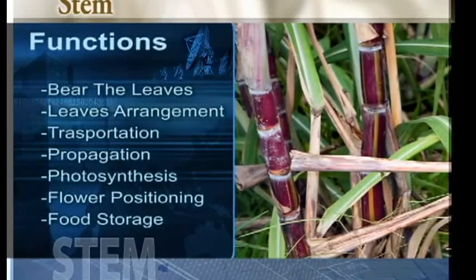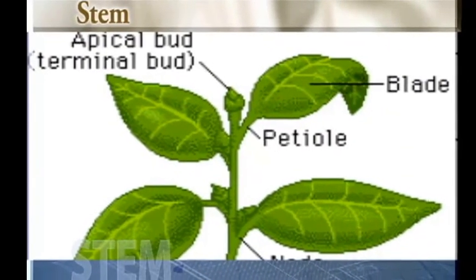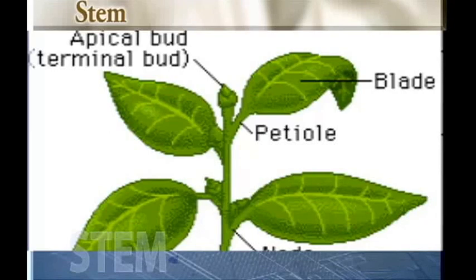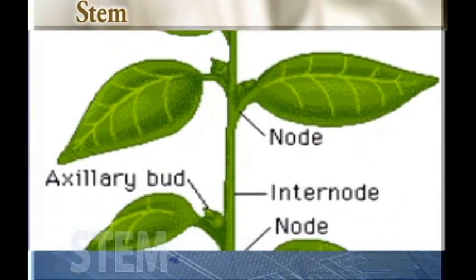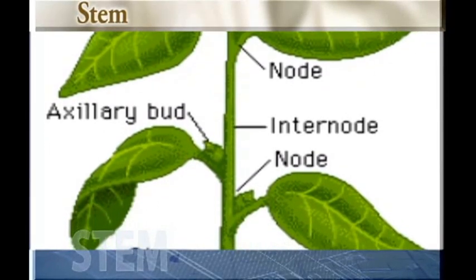Now at the moment, we want to look at the development of the stem. You'll find that the stem grows from the point at the tip, which we refer to as the terminal bud. The stem develops from the terminal bud, and in most cases the axillary buds will give rise to the branch stems.